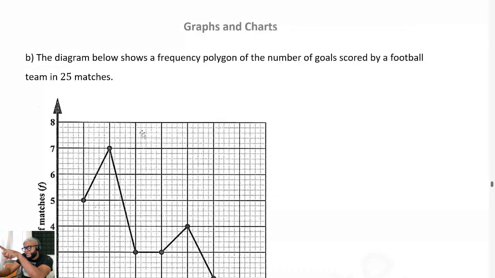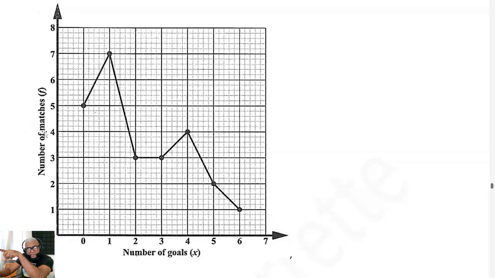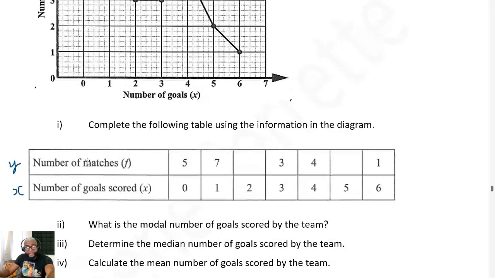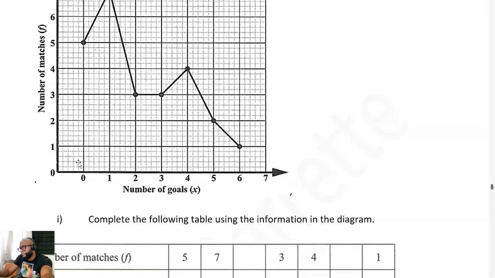Now, pay attention to something here, my children. You all see the number of matches, right? The number of matches is which axis? The y-axis. Exactly. But they put F instead of Y. When we do functions, you realize that f of x is your y-axis.